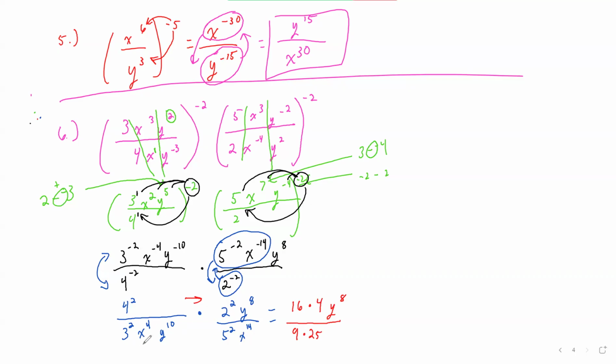Now I'm going to put the letters. But I do have an x to the 4th times x to the 14th. What will I do with those two numbers? If I'm multiplying, I'm going to add them. So 4 plus 14 is 4 plus, oh, I wouldn't add this one. This is a y. So I'd add 4 and 14.